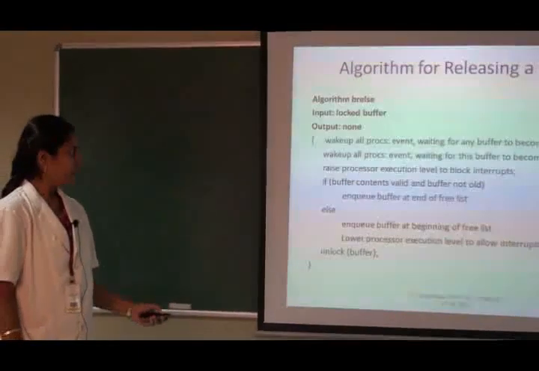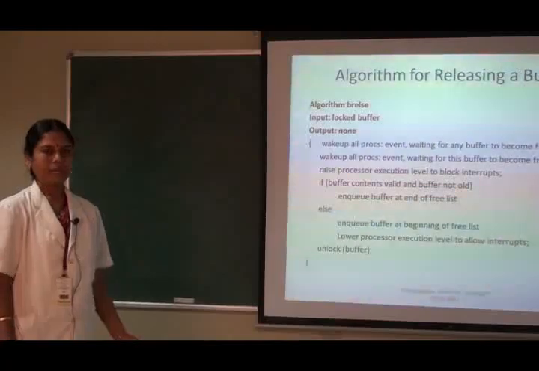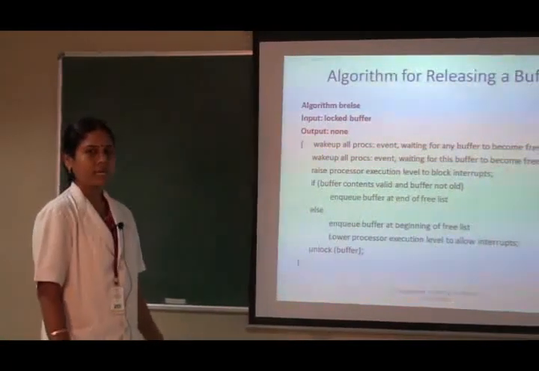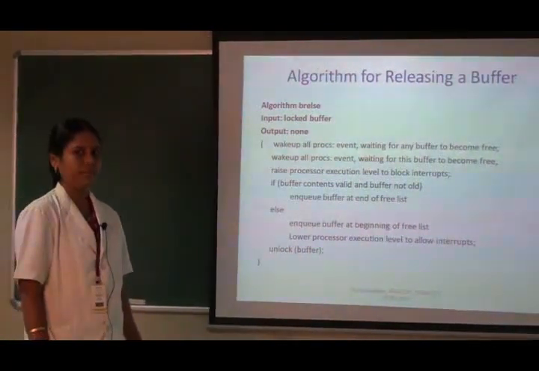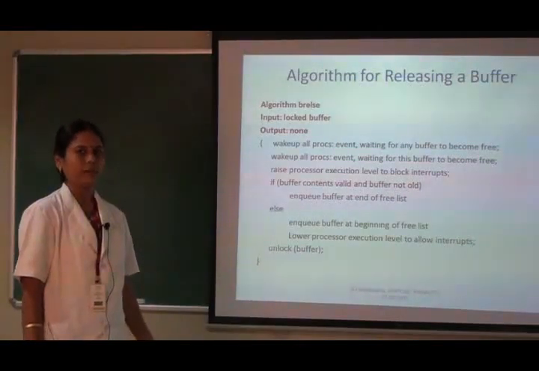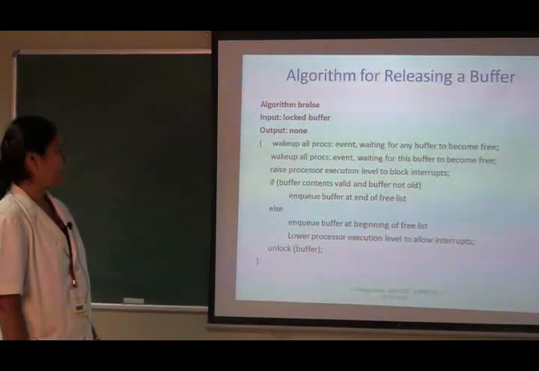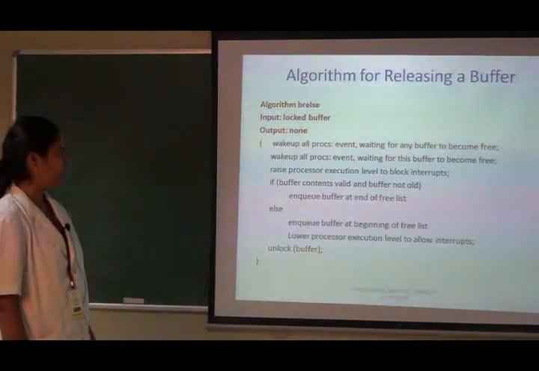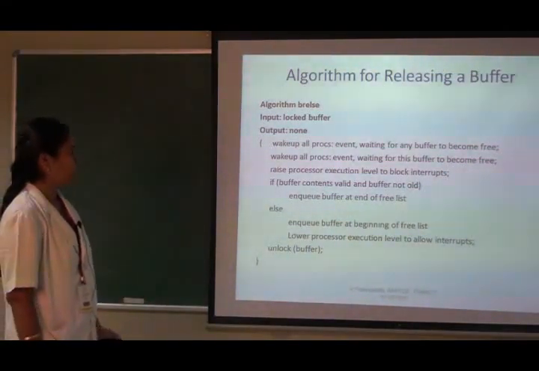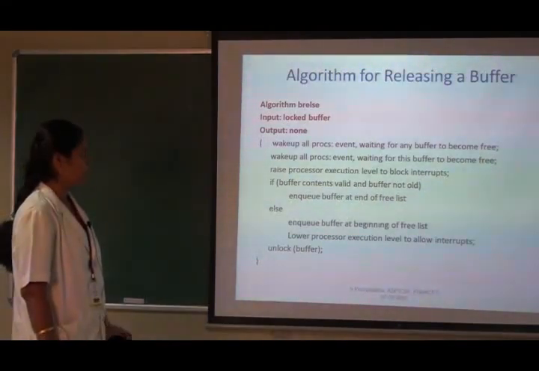And then when a buffer is released by any process, it has to be added in the free list. So while adding the buffer in the free list, the algorithm is brelse, the brelse algorithm. The input is locked buffer, output is none.